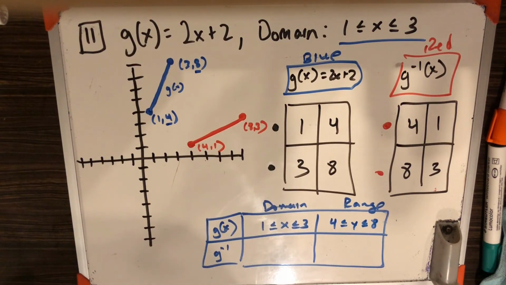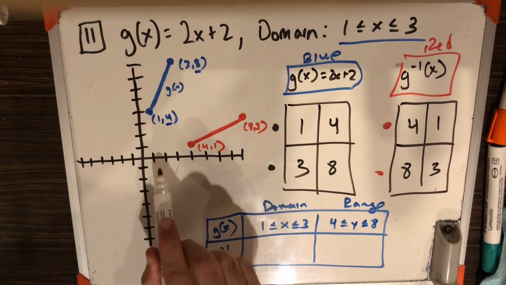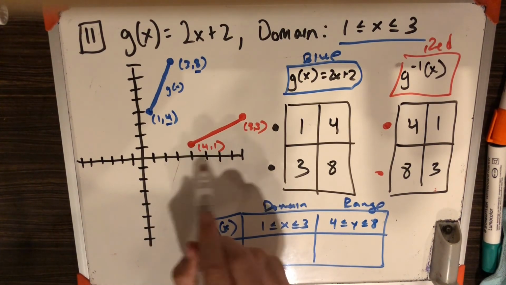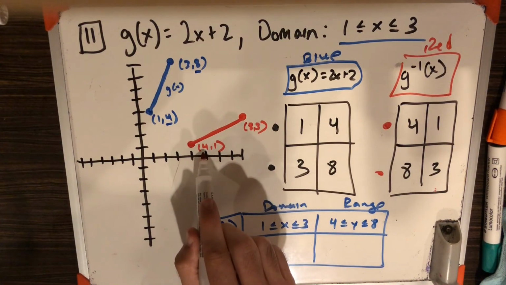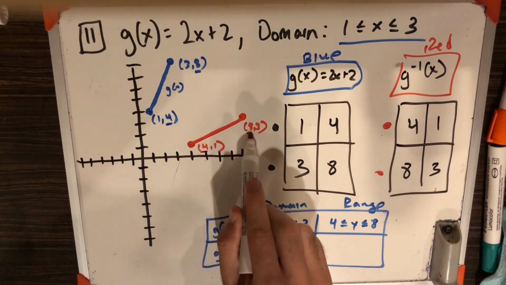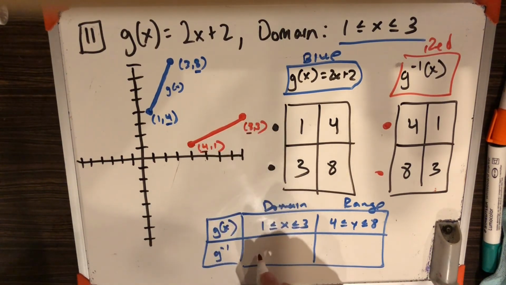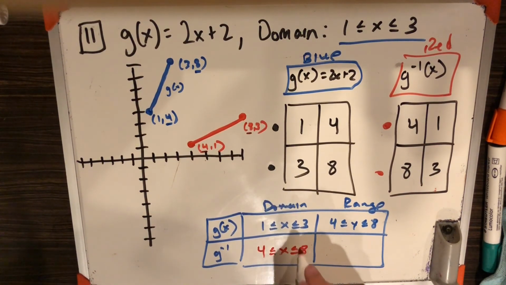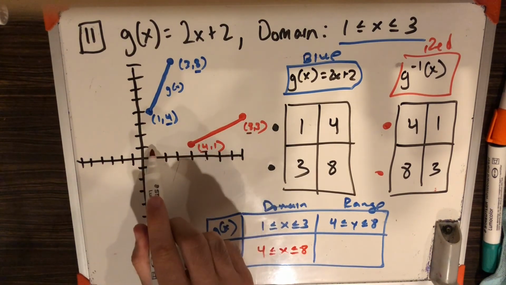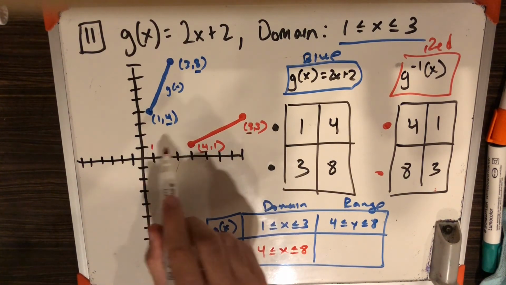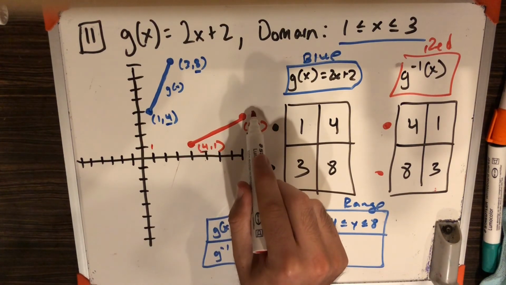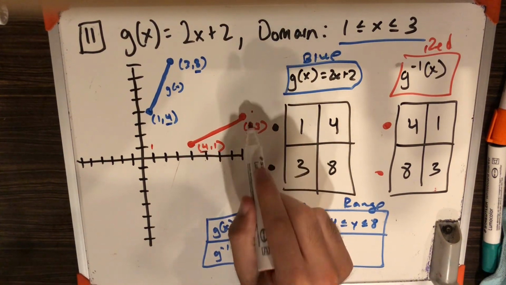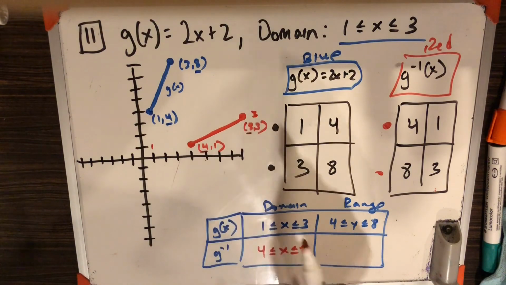Let's consider our g of -1, right? Let's consider our inverse. Let's consider our domain first. So I'm going from left to right. From left to right, it's 4, and it stops right at 8. So 4 and 8, right? Let's consider our range. Again, the lowest point it goes is at 1. The highest point it goes is at 3. So 1 to 3.